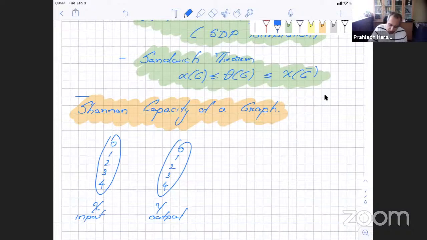So the edges in this graph are going to represent: if I give this as the input character, what are the possible output characters that the channel could have output?